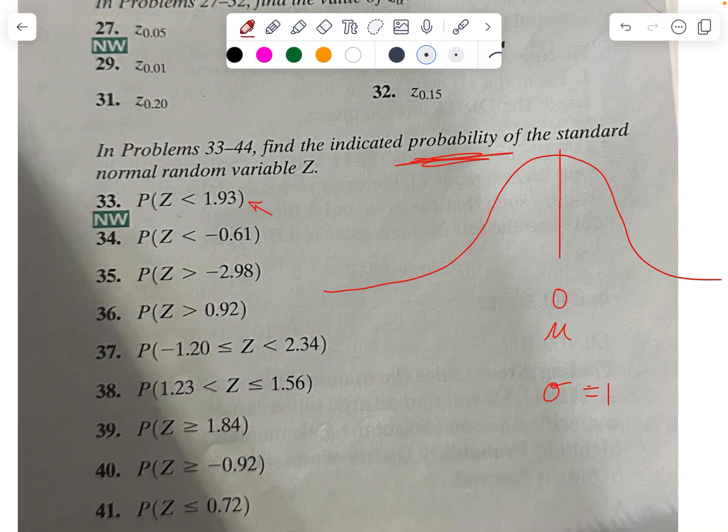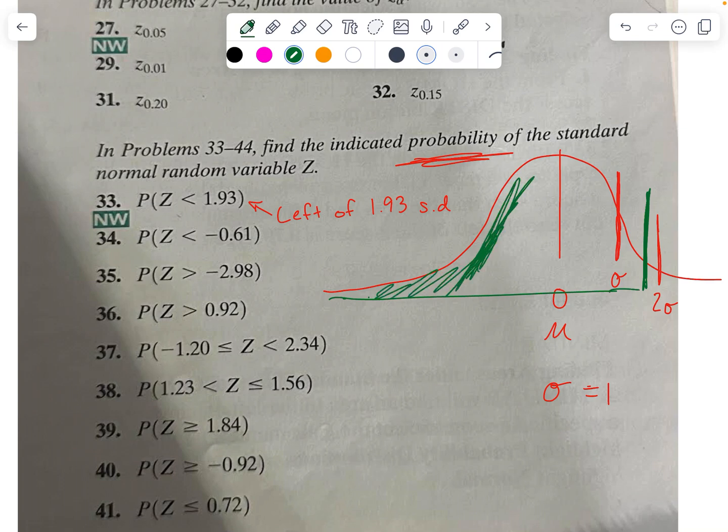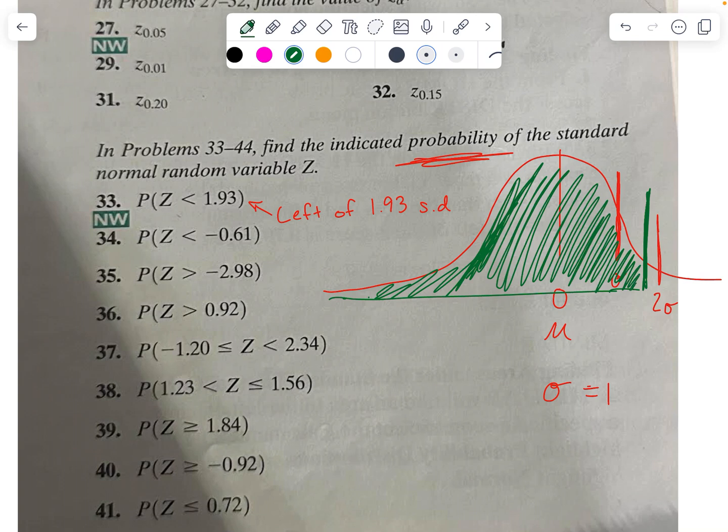Well, this is saying left of 1.93 standard deviations. So my inflection point is at sigma equals 1. That's about here. 2 sigmas about here. So what my problem is asking me is, if I'm at about 2 sigma, what is the area under the curve from negative infinity to 2 sigma?